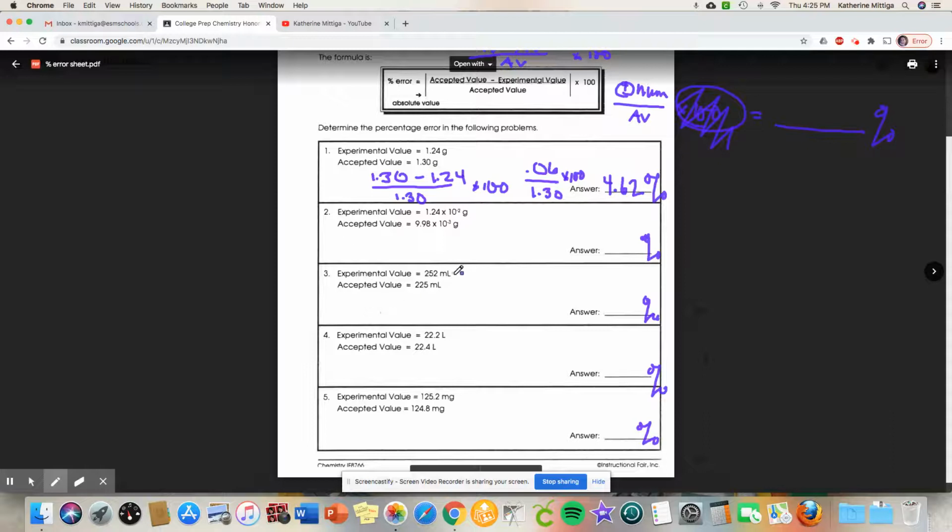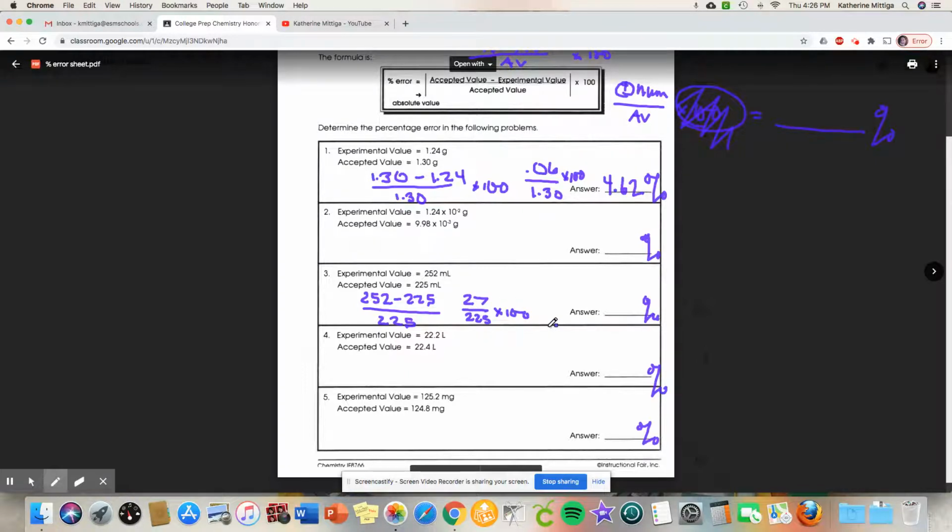Number 3, I see my two values. In this case, my experimental is a larger value, so I'll subtract 252 minus 225. Remember, it doesn't matter as long as you have a positive value up there. I must divide it by the accepted though. So that's going to be 27 over 225 times 100.